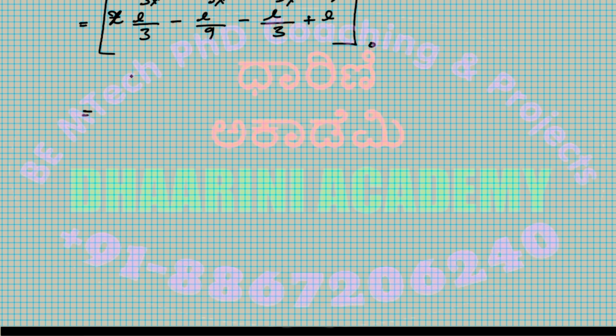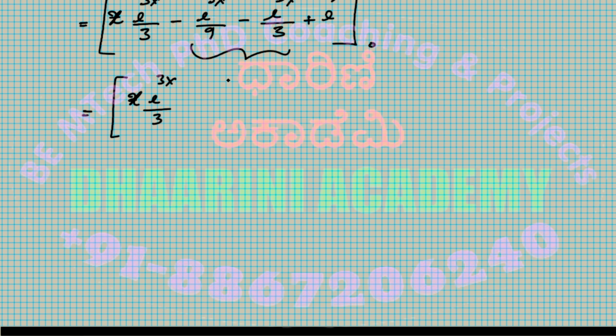Can we simplify this? There are so many e to the 3x, right? Can we club x e to the 3x? No, let's keep the first term as it is. Before we substitute, let's keep this as it is: x into e to the 3x by 3. I'll keep this.